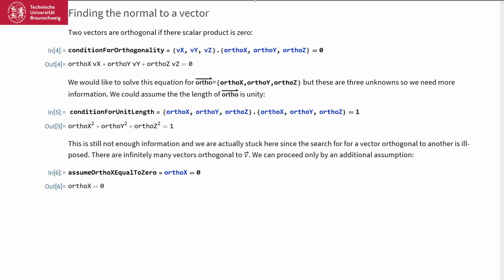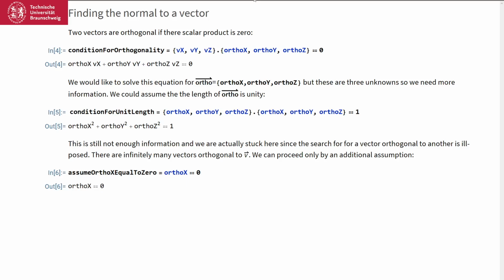Well, the other vectors are orthogonal, and now we use this orthogonality to actually derive them. What do we know about orthogonality? We know that when we take a scalar product of a vector with a vector that is orthogonal to it, then we'll end up with 0.